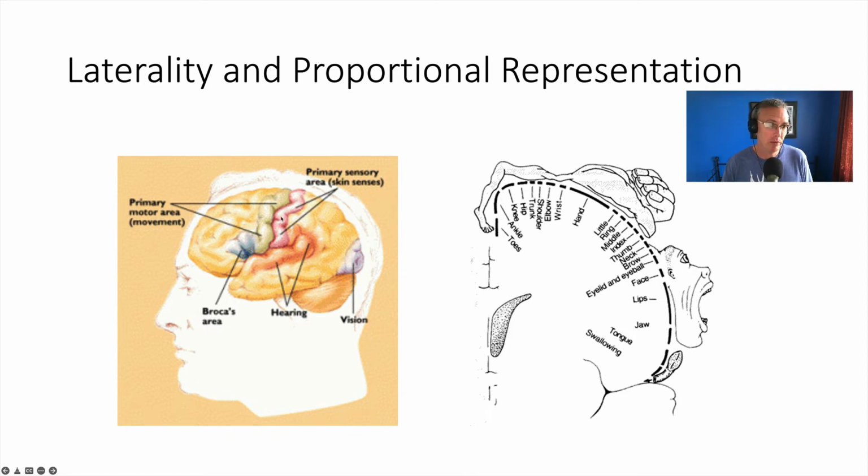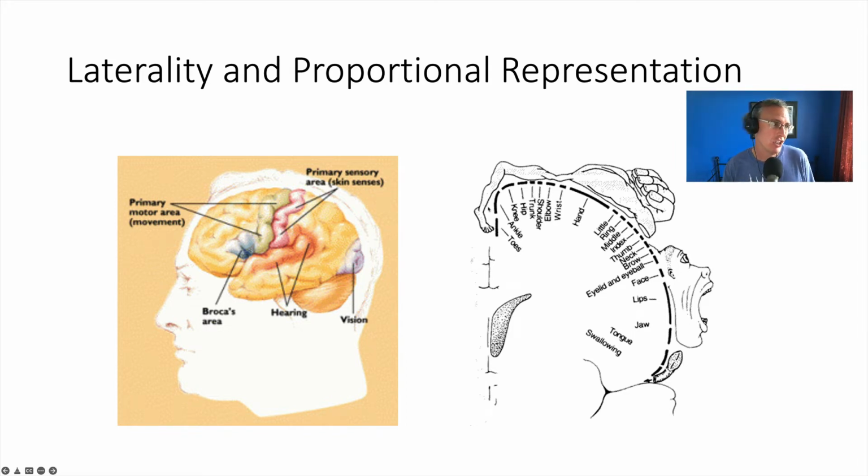Okay. So these two strips are kind of similar. One is getting input from the body, from the other side of the body, contralateral, whereas the other one is producing output, making those parts of the body do something. So getting input from them or actually putting output. But otherwise, they're very similar, and they kind of hang along here. And in both cases, they have this representation of the body.